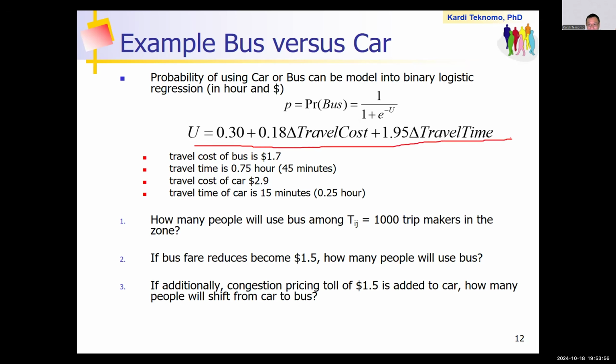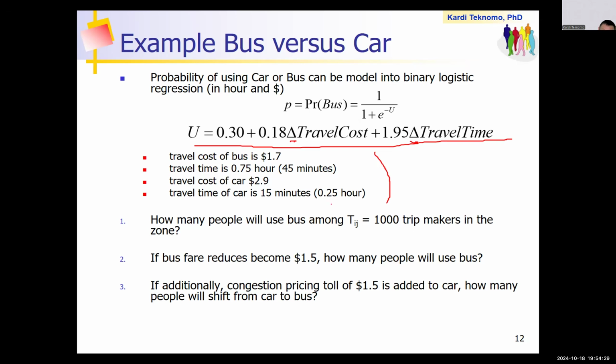It's already calibrated; someone already calibrated it for you, to get the 0.3, 0.18. Now these are the current travel cost by bus, the travel time, and the travel cost by car and travel time. So these are given. Remember, this is delta, so that means the difference. This is also delta, so this is the difference.